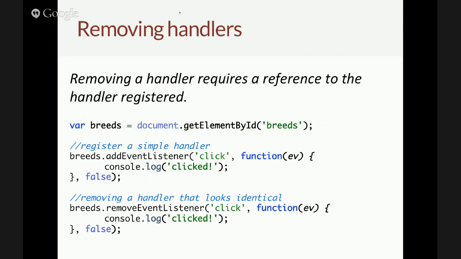Okay, so there's an addEventListener method, which we already saw, and there's a removeEventListener that removes an event listener, so that when this breeds element is clicked, this function will not be called. However, you cannot do this. You can't pass an identical looking function and expect the original function to be removed. Let me just write this out to prove it.